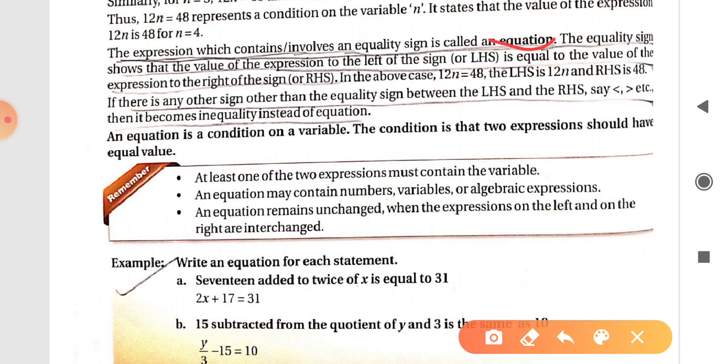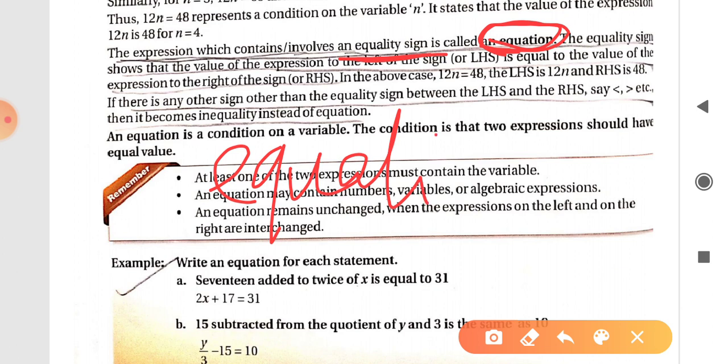An equation also contains an equality sign, because the word equation already contains the word equal. EQUA, equa, that means equal.